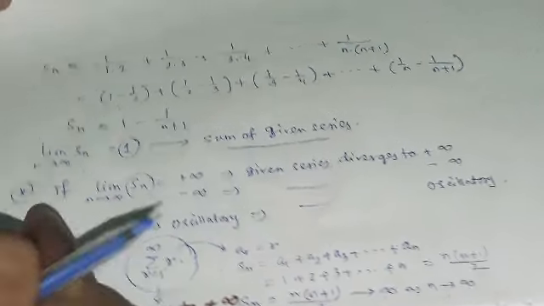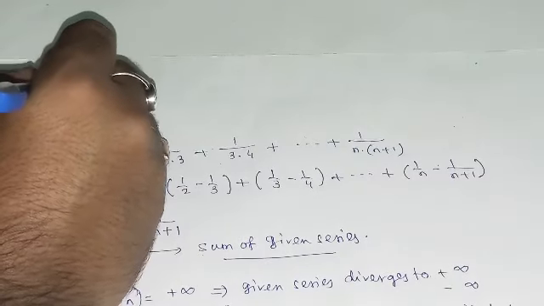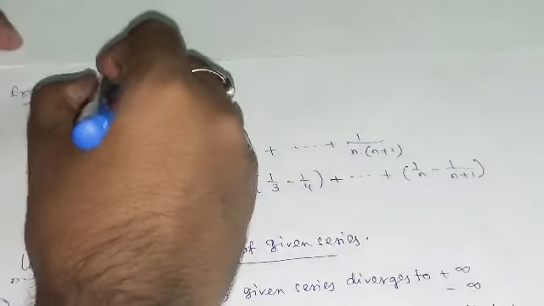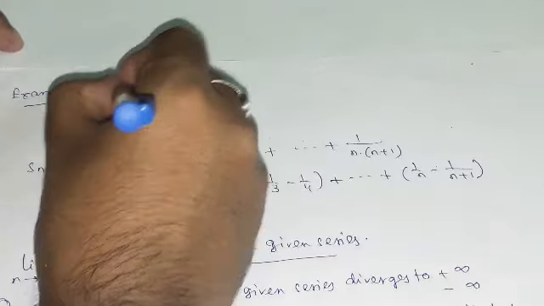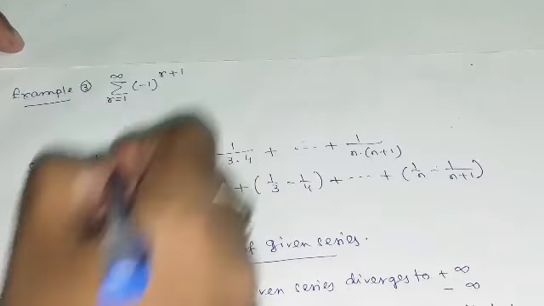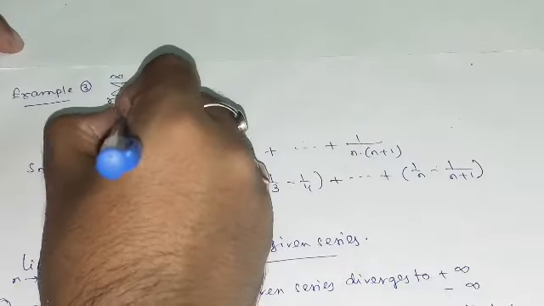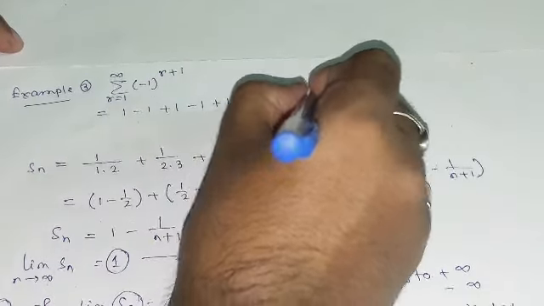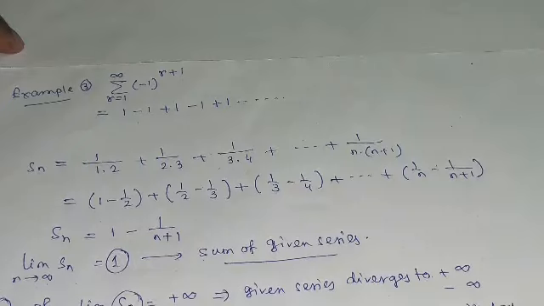Another very important and trivial example is example number 3. It is the summation of (-1) to the power r plus 1, r equals 1 to infinity. So what you will have is 1 minus 1 plus 1 minus 1 plus 1 minus 1 and so on. It is going on this way. Fine. So what will be your Sn?